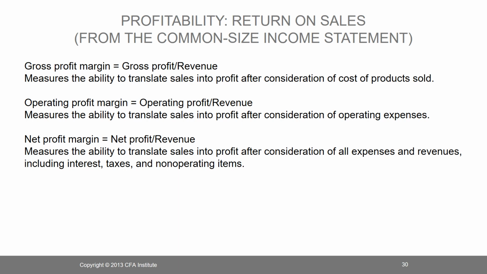Since in the common size income statement we measure all these items in relation to the revenue, we divide the gross profit by revenue, for example, to calculate the percentage for that number. That is why this operation directly gives us the ratio calculation right away from the common size income statements.